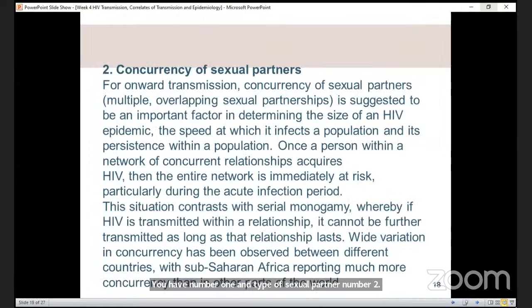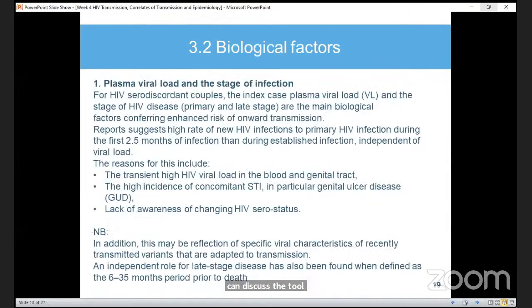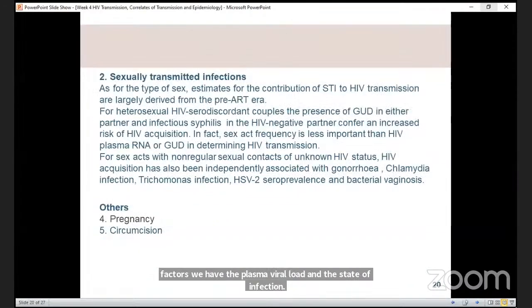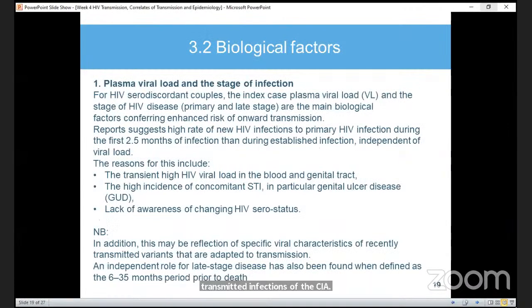We can discuss the two and see how that goes. Then we have biological factors: the plasma viral load and the stage of infection, and we're going to see how that works. Then we have sexually transmitted infections, the STIs. Then we have pregnancy, as well as other factors that exacerbate transmission biologically.